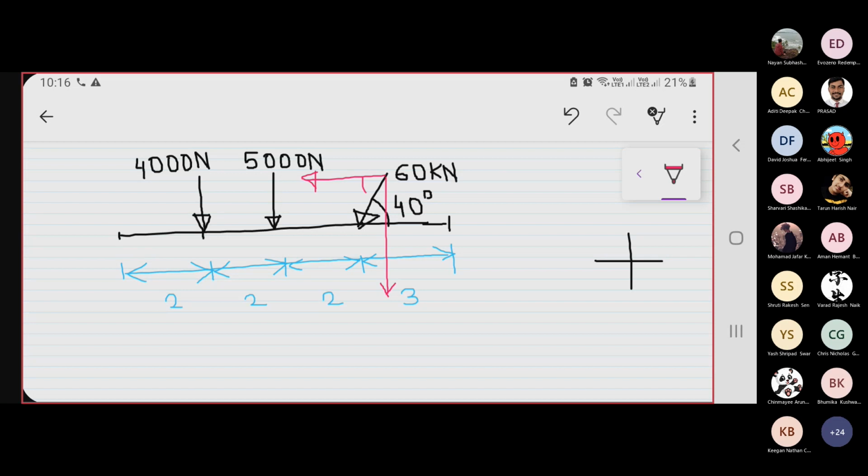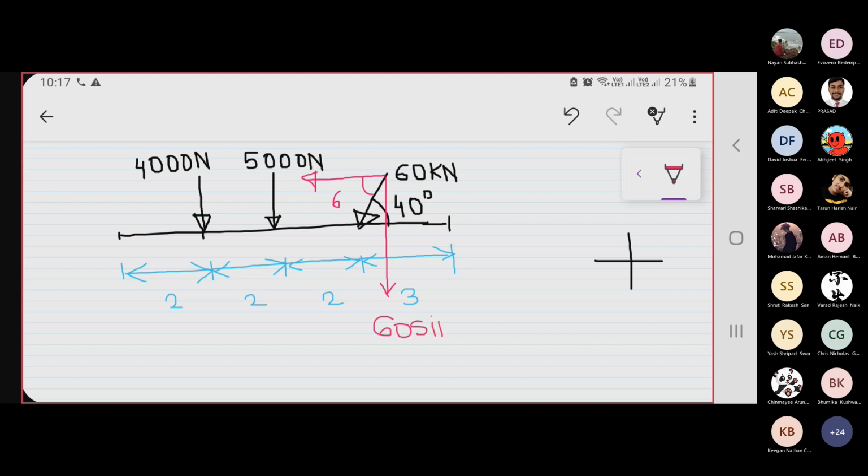So 60. Or you may get confused as to where it is acting. Let's do it like this only.